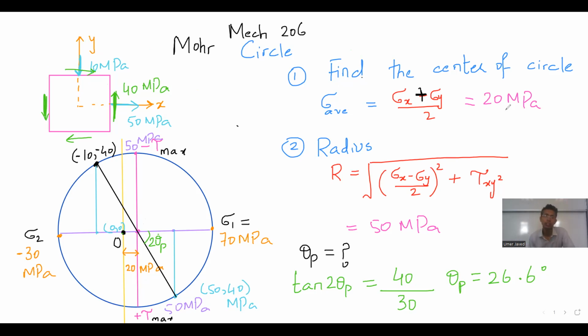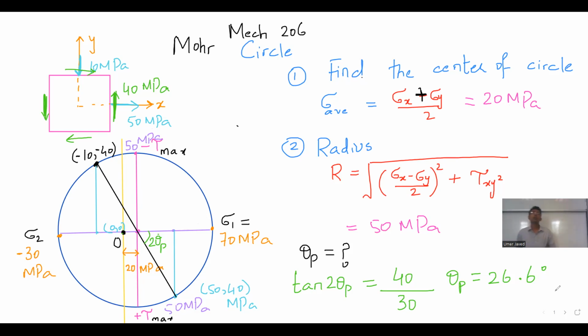And what is the reason? Because you can see that this is the center of the circle. The center of the circle has 20 megapascal, and the top of this line or bottom of this line has negative 50 or positive 50. So this negative or positive 50 has what normal stress? 20 megapascals.